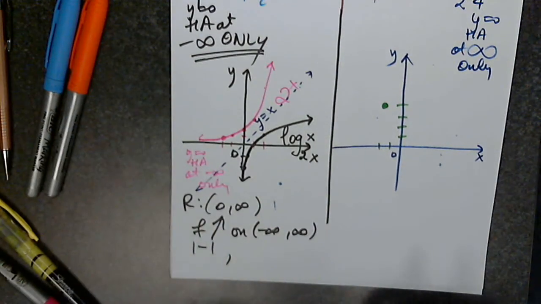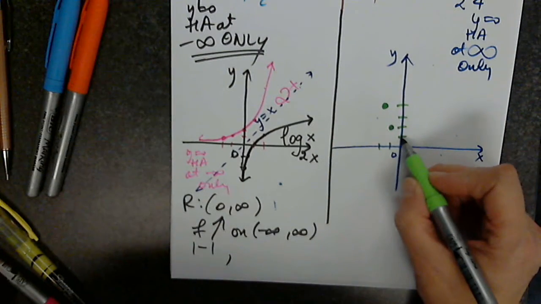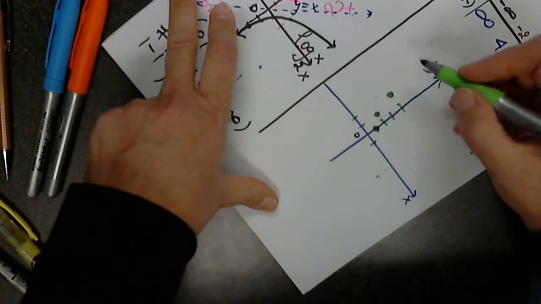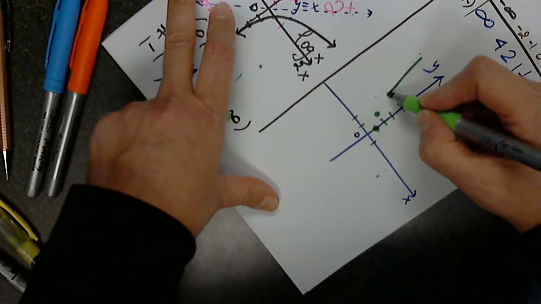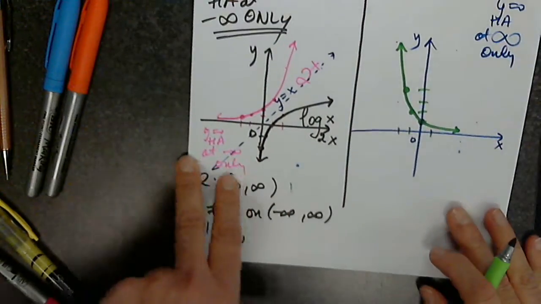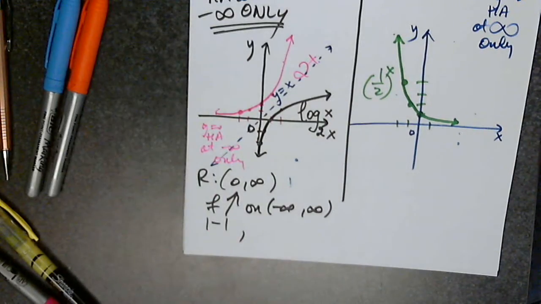Then, good. Then, yes, and so on and so forth. And this is the graph of 1/2 to the x.